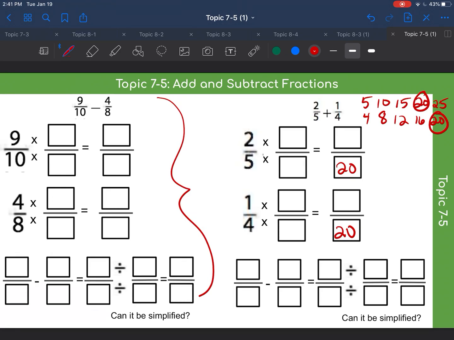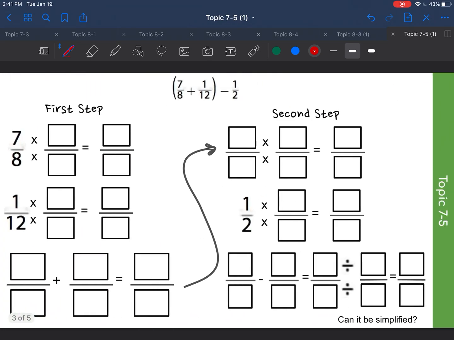So we can fill that in. 4 times 5 is 20, times 5, 5/20ths. 5 times 4 is 20, times 4, 8/20ths. And we're going to add them, 8/20ths. Now in this case, I forgot I'd put a subtraction sign. That's actually a plus sign. Plus 5/20ths. 8, 9, 10, 11, 12, 13/20ths, which cannot be simplified. So again, that's just a little review, getting us back into the swing of things, okay?